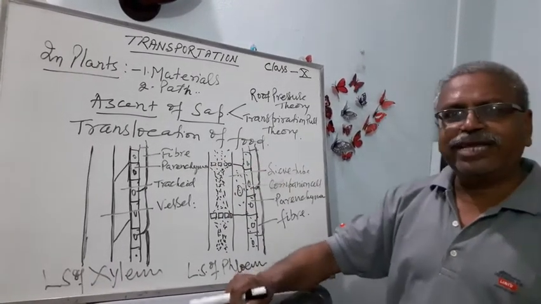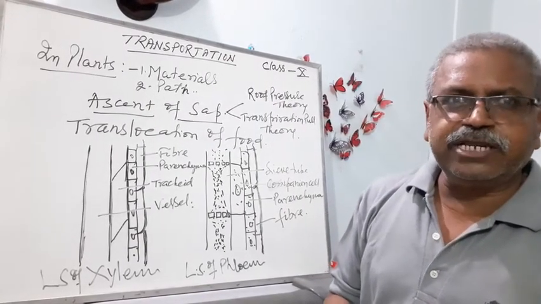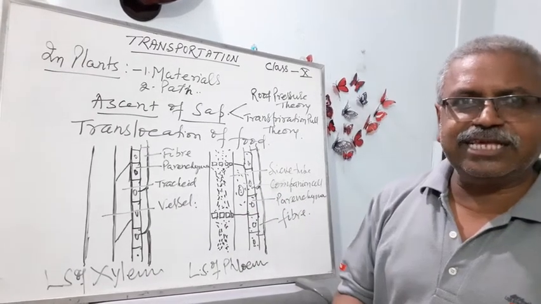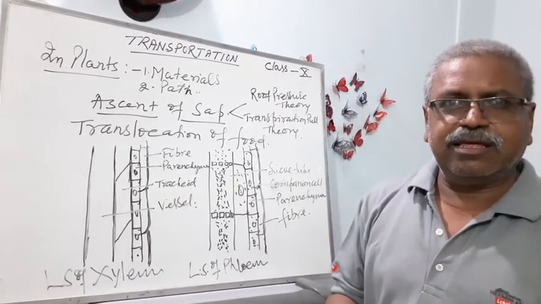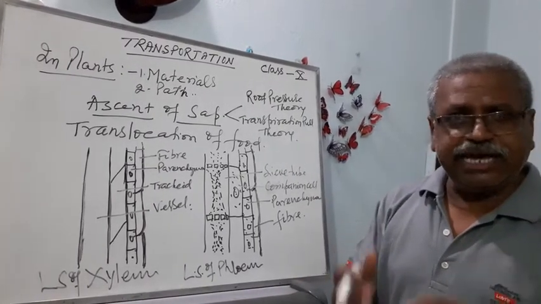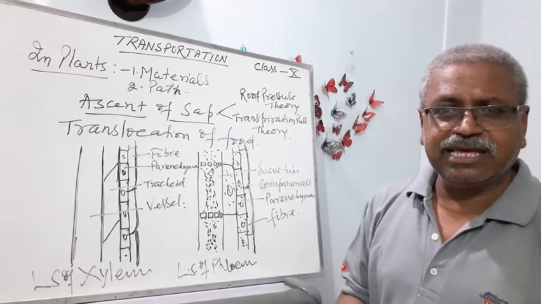The food formed inside the leaf increases the osmotic pressure. As a result, water from the neighboring cells enters inside the food producing site of the leaf, and its osmotic pressure increases.